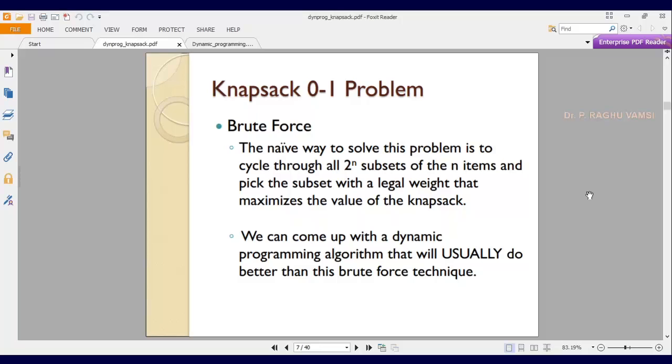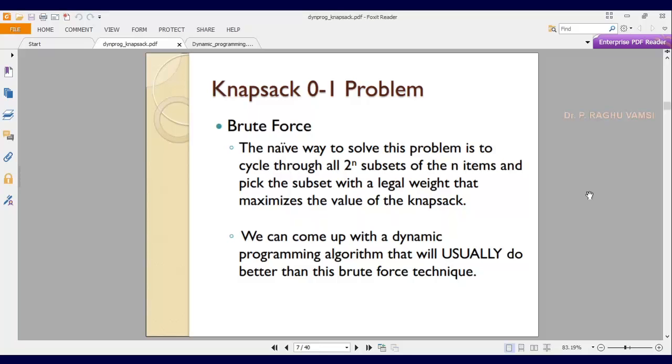Whenever you use the brute force approach, the time complexity will go up to order of 2 power n, because you are supposed to make 2 power n subsets.